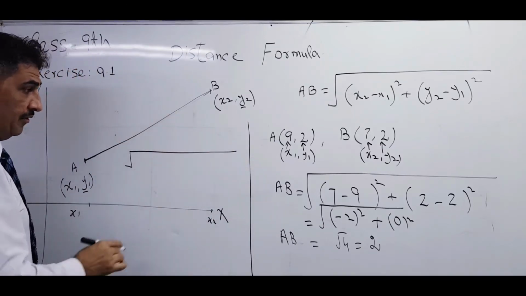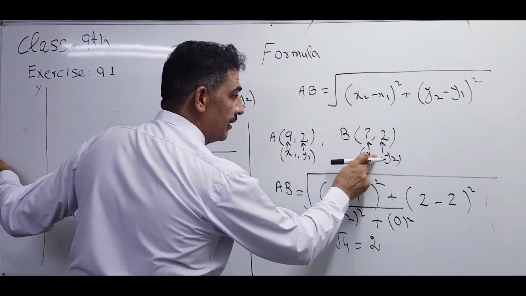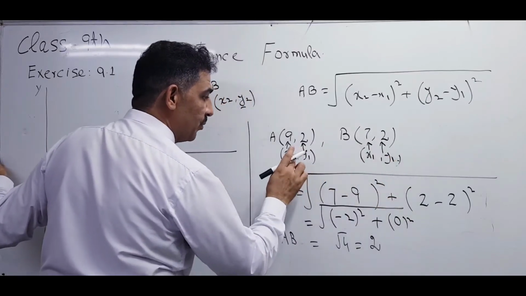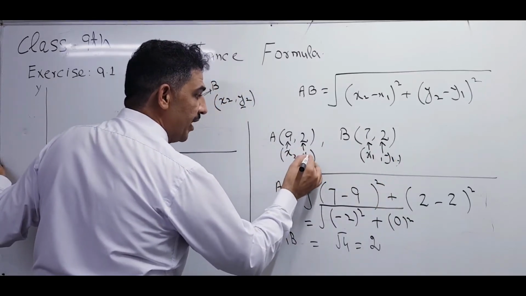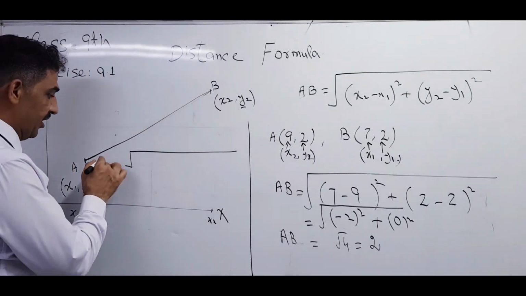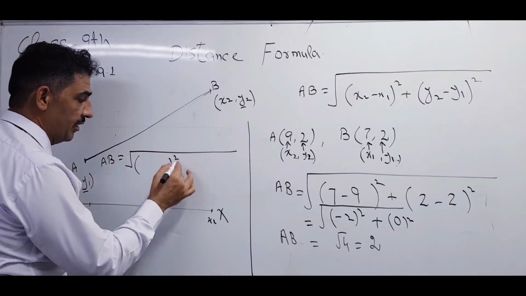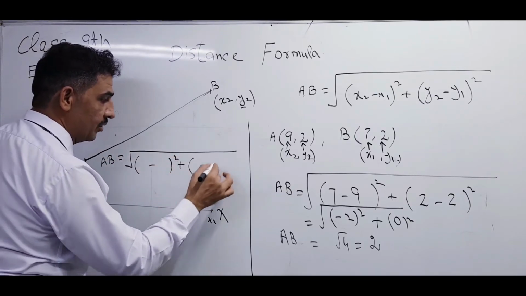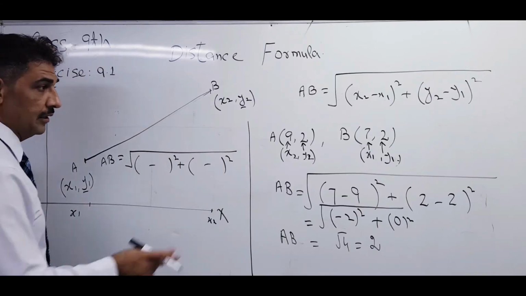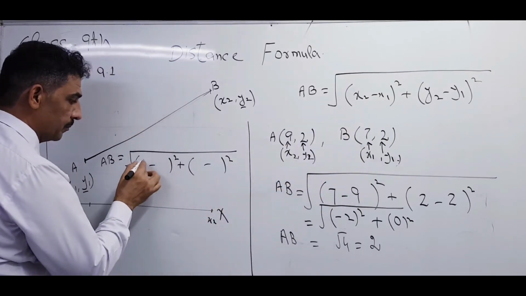If I assume that this point is x1, y1 and this point is x2, y2, then what will happen? Does the answer change? Distance of AB, formula, x2 minus x1. What is x2 now? 9 minus 7.